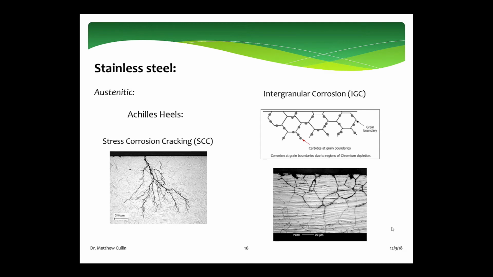And sort of the Achilles heel of austenitic stainless steel, chlorides can cause pitting, but usually what we're more concerned about is stress corrosion cracking. These chloride ions enhance the stress corrosion cracking of austenitic stainless steels.